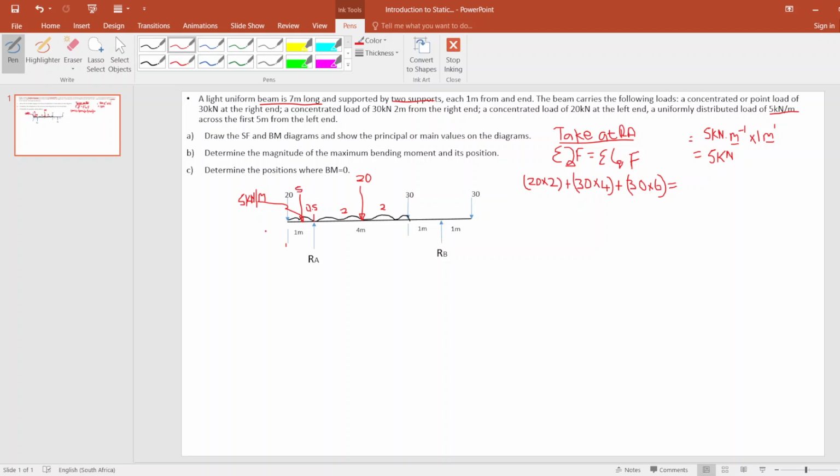I have RB rotating anti-clockwise, then 5 rotating anti-clockwise and 20 anti-clockwise. We start with this 20: 20 multiplied by 1, plus 5 multiplied by the distance from where 5 is to RA, which is 0.5, multiplied by 0.5, plus RB multiplied by the distance from where RB is to where RA is, which is 5. Multiplied by 5.